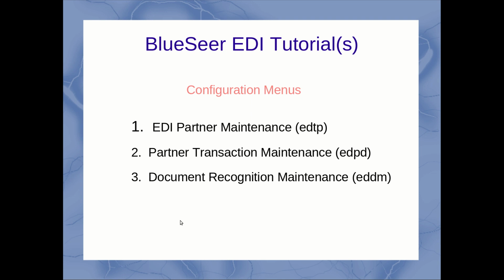And then the third menu is document recognition maintenance, where you inform the engine of what rules are necessary to recognize non-X12 and non-EDIFACT type documents such as CSVs or delimited file formats, XML, JSON, or positional files like iDocs.